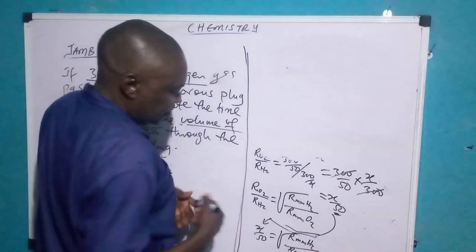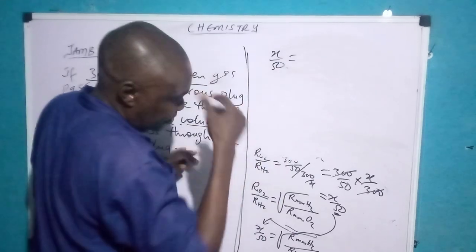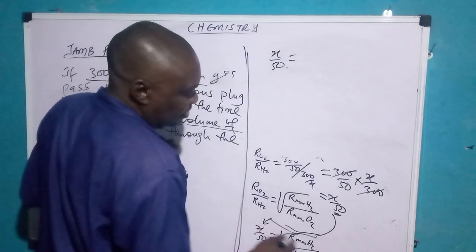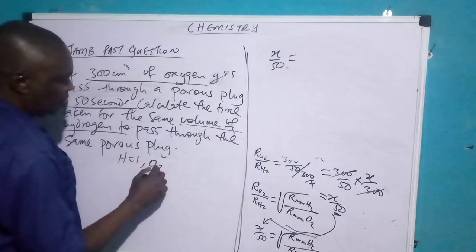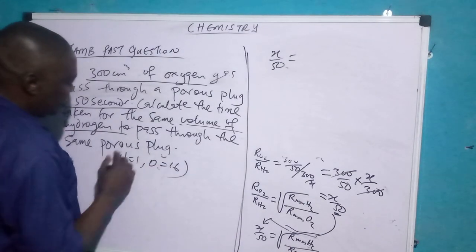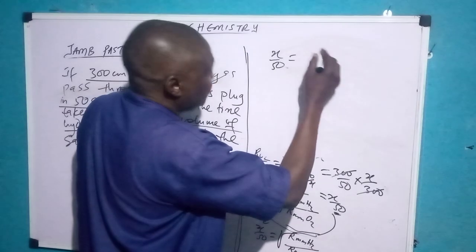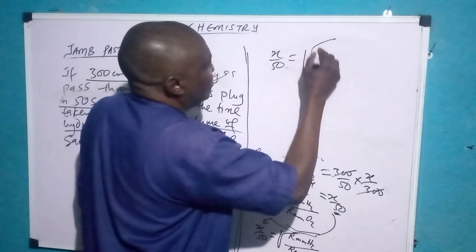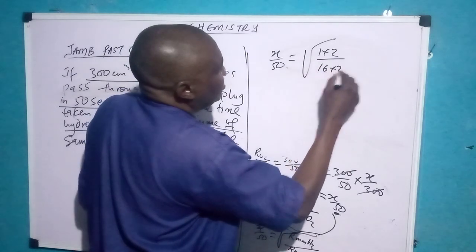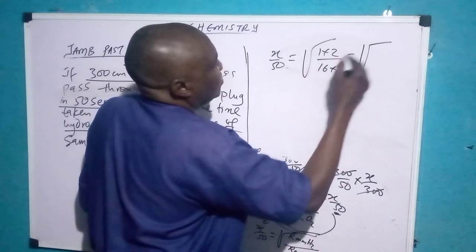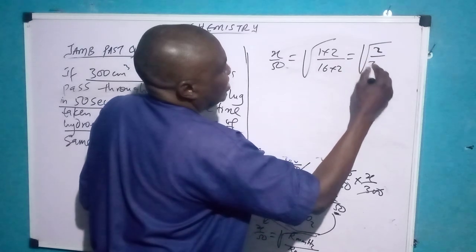You have X over 50 equals the relative atomic mass of hydrogen. Remember H equals 1, O equals 16. Don't forget that. Even if you are not given, you should know that. So it now becomes the square root of 1 times 2 over 16 times 2, which gives you the square root of 2 over 32.